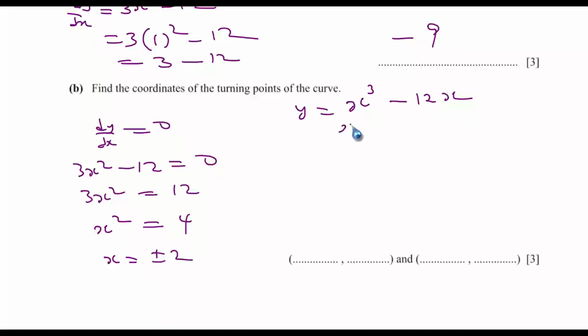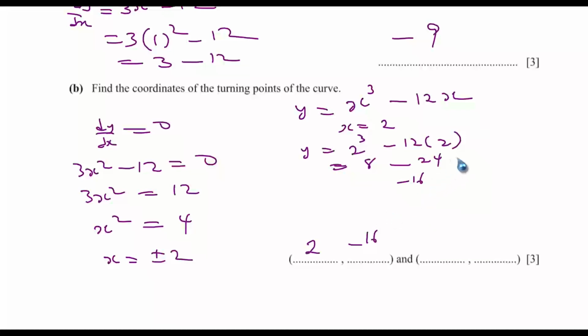When x equals positive 2, we have y equals 2 to the power of 3 minus 12 into 2. So this will give us 8 subtract 24, and y will be equal to negative 16. So when x equals 2, the corresponding value of y is negative 16.